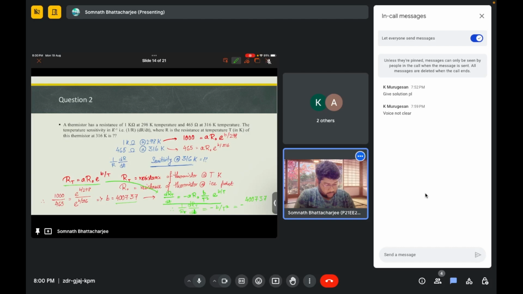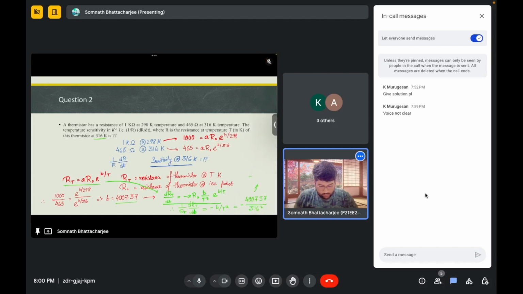So 4007.37 divided by 316 whole square. So the value is 0.041, and this is the value of sensitivity here, or maybe you can write directly minus 0.04 or something like that. This is the sensitivity.